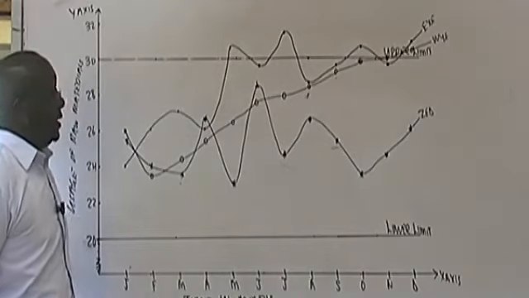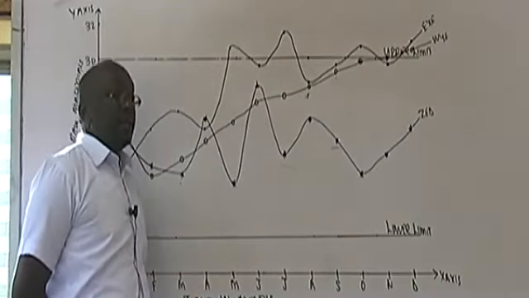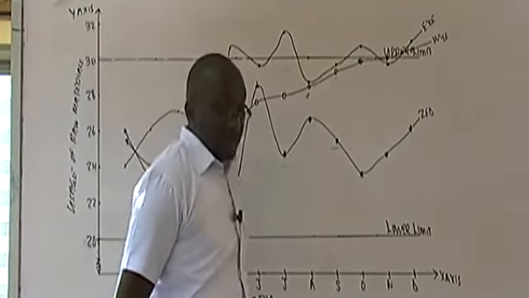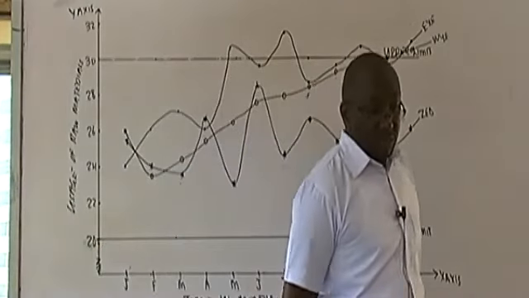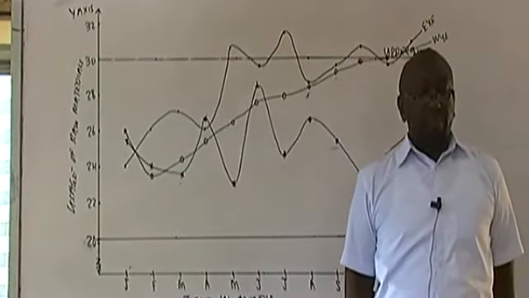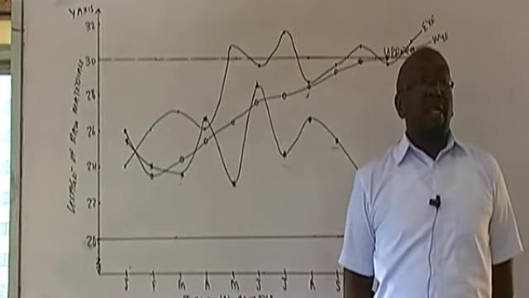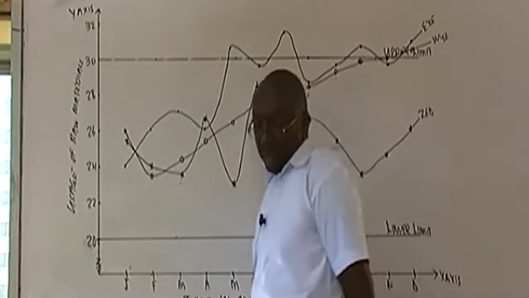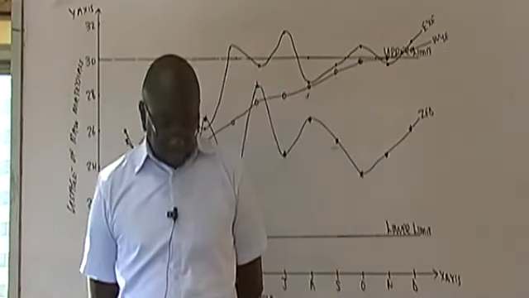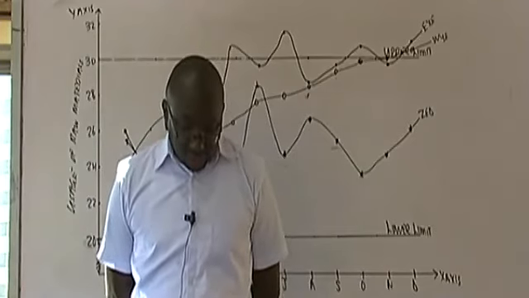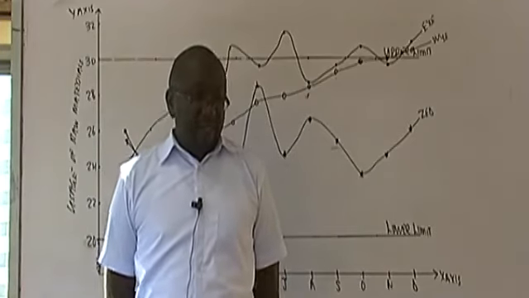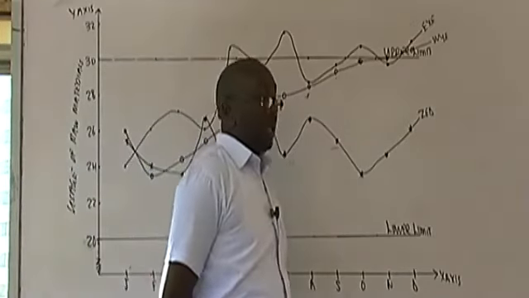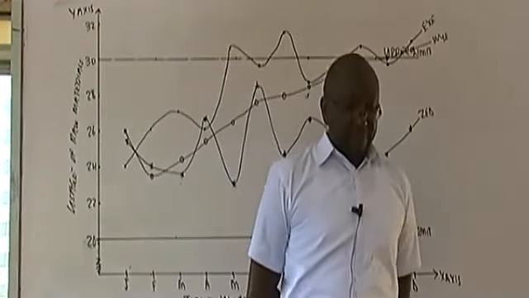Then we go to Z. Z is within control, but the inconsistencies should be investigated.